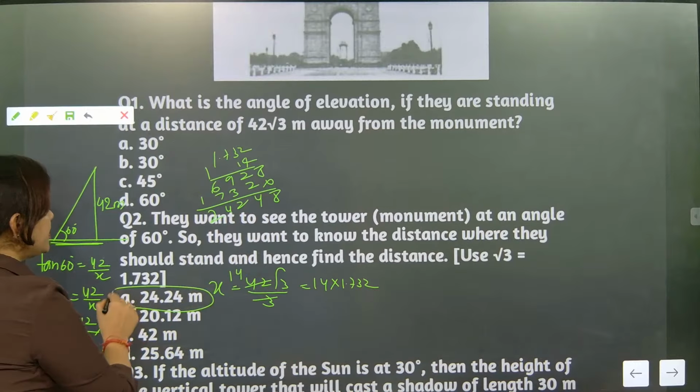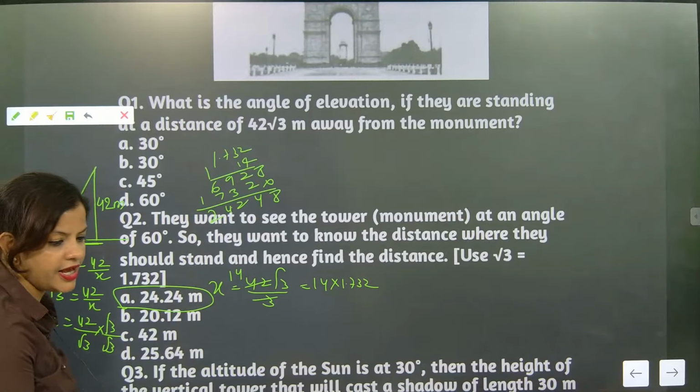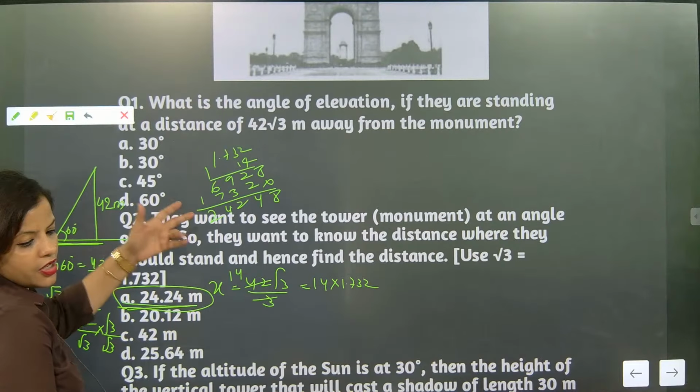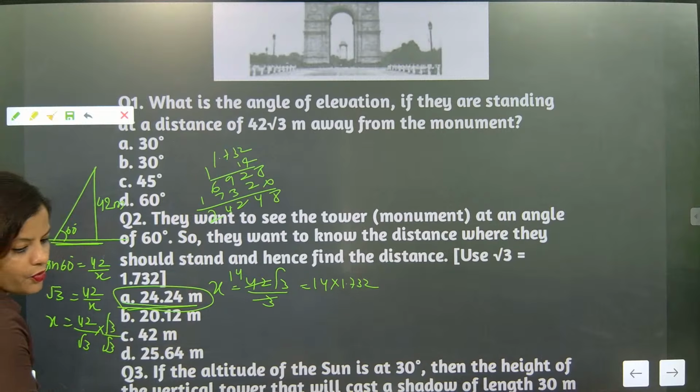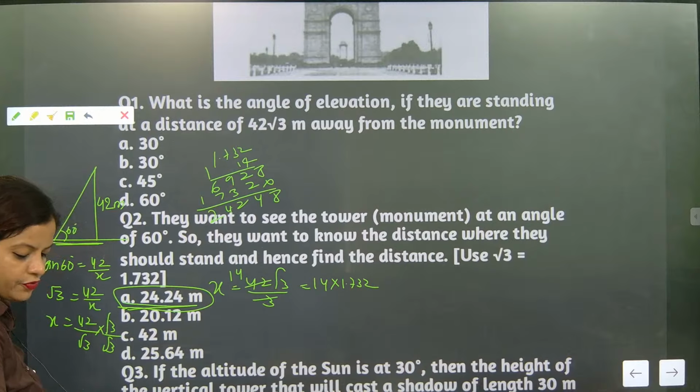The correct answer is option A, 24.24. Check, multiply. I hope everybody understood this one. The answer is coming as how much, beta? 24.24. Absolute, beta.